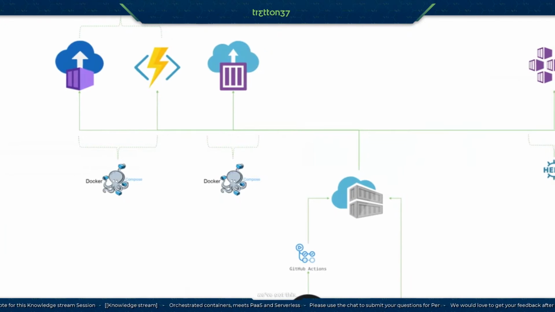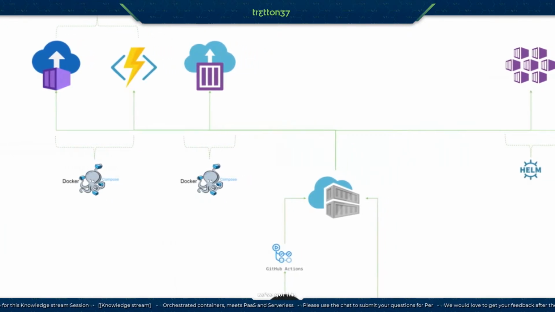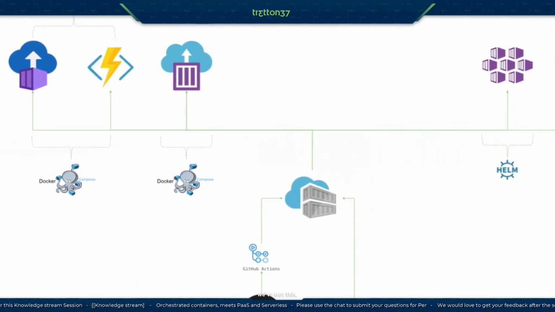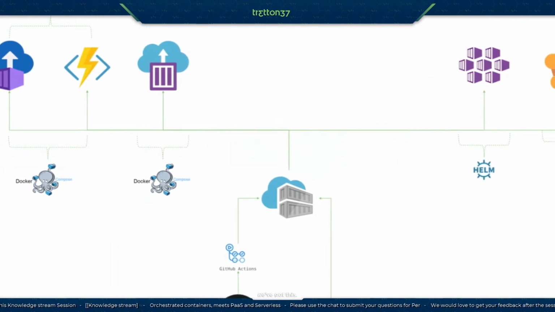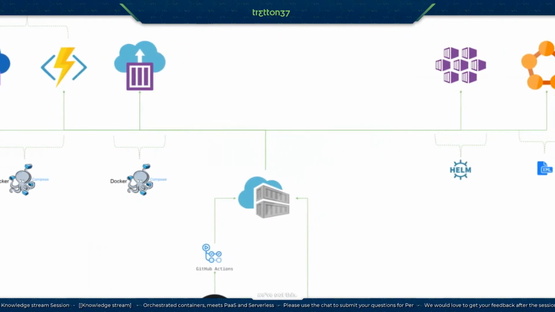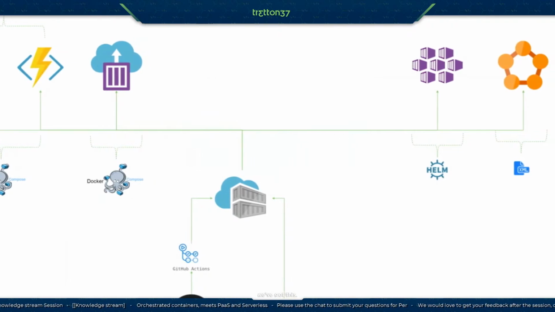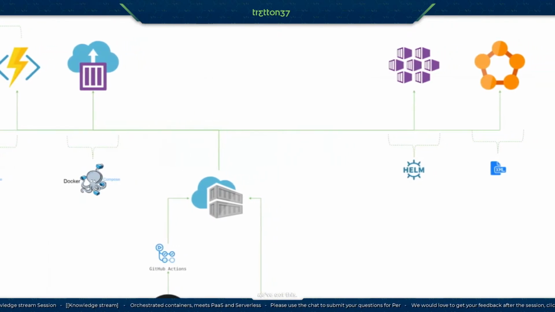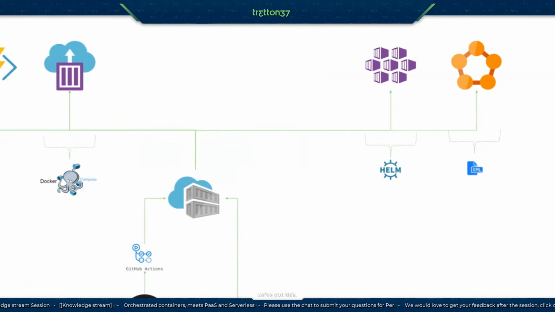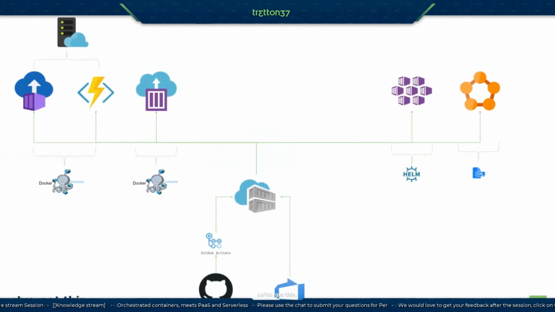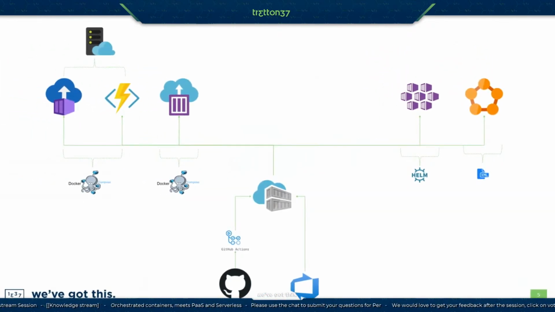But then we also have complementary features, like a lot of the PaaS-like features or serverless features in Azure have support for Docker Compose. But when you move over to the more orchestrated side, we see that, of course, Kubernetes has Helm, or in this case also we have Service Fabric that has another manifest model for deployment.